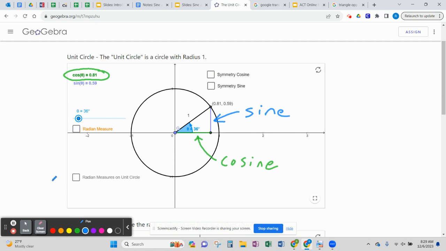And you'll notice over at the top left, it gives us our sine function there. Another thing you'll notice is that because we have just a radius of 1, the sine function shows up as our y value on the unit circle, and the cosine function shows up as our x value on the unit circle.